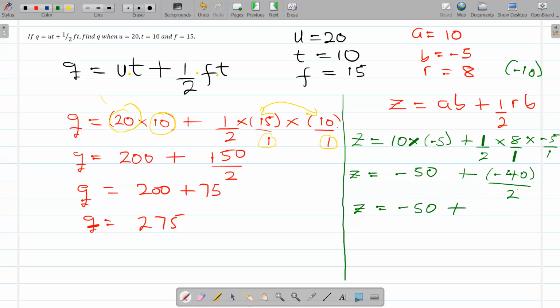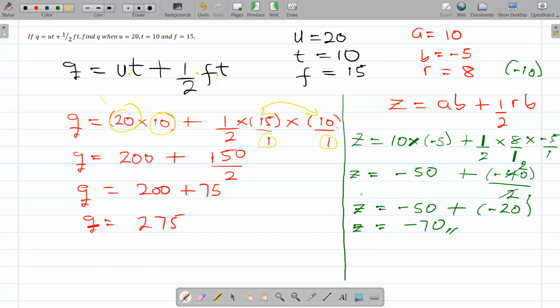So we get minus 20. Now we have minus 50 plus minus 20. We are going to get negative 70. Negative 70 is the final answer.